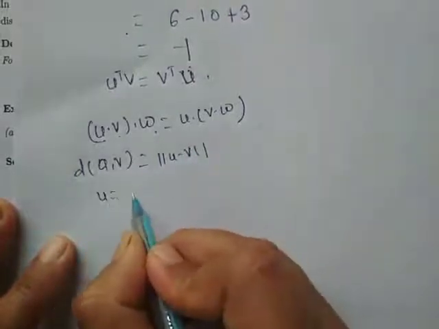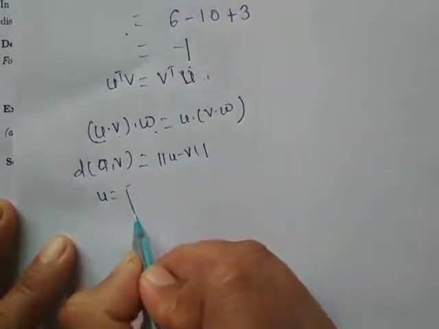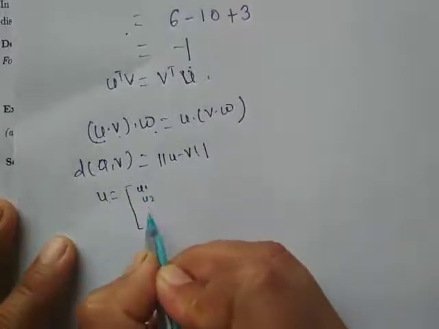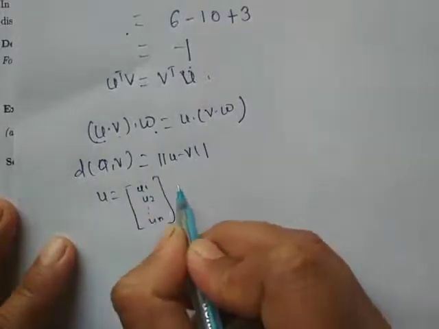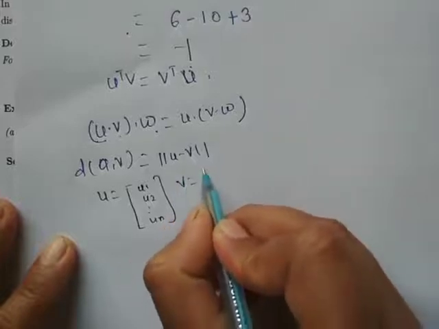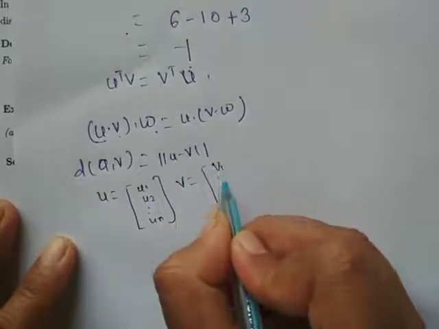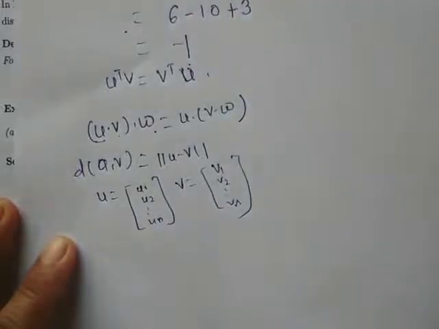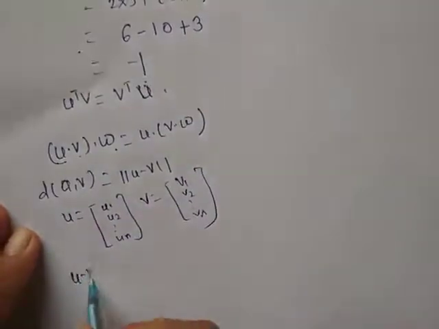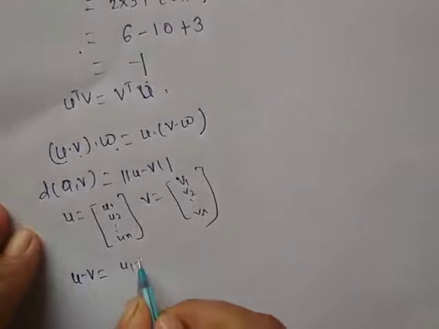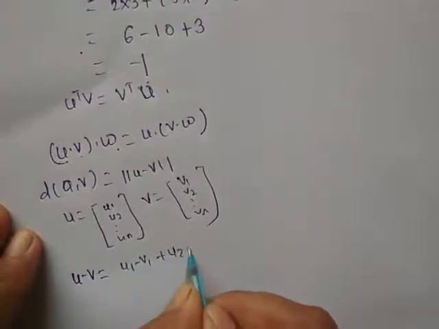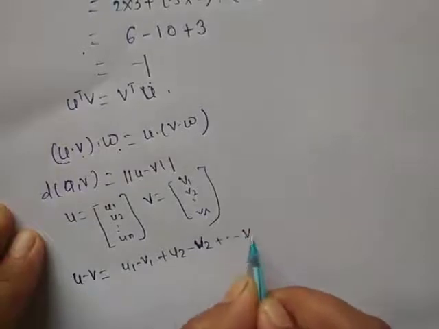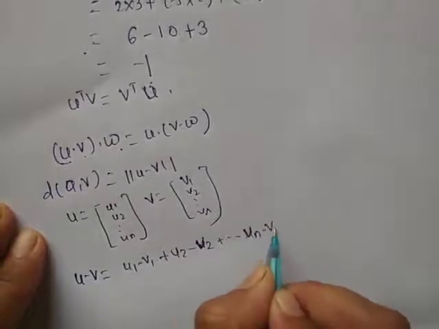Means what? If you have u equal to the vector u1, u2 and so on up to un, and v equal to the vector v1, v2 and so on up to vn, then you will get u minus v as u1 minus v1, u2 minus v2, and so on up to un minus vn.